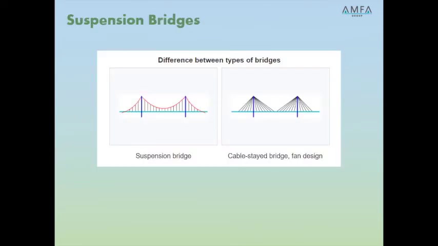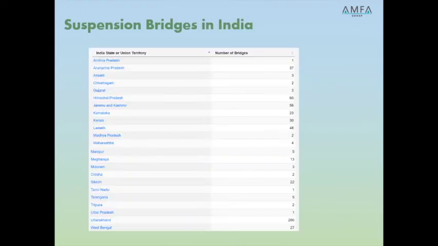To understand how a suspension bridge is structured, here is an illustration. In India, there are a good number of suspension bridges in almost all states. This is the list, or the count, of the suspension bridges. We can see Uttarakhand has the maximum, 286 suspension bridges.